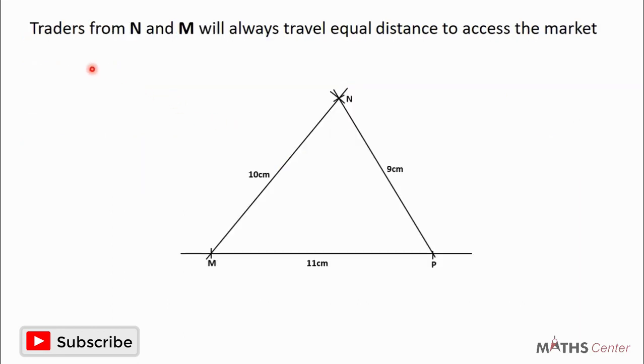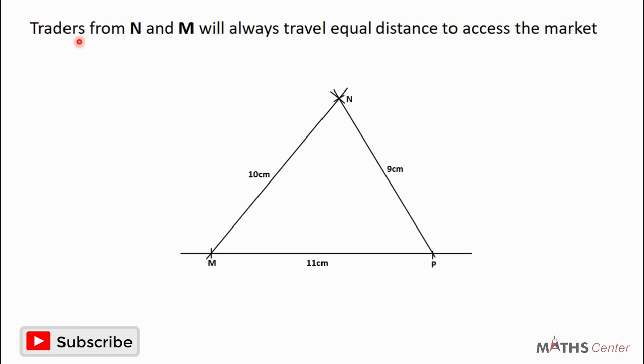The first condition is traders from town N and town M will always travel equal distance to access the market. This is the triangle we constructed in the previous video, triangle MNP, which shows the distances between the three towns.